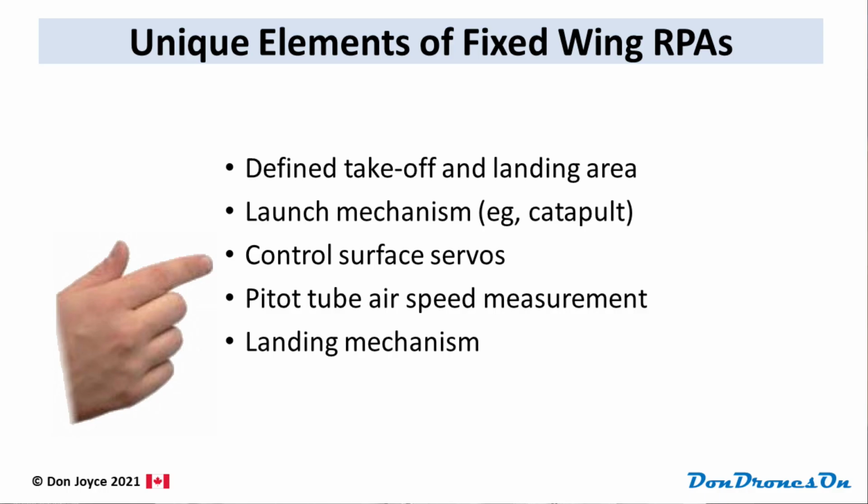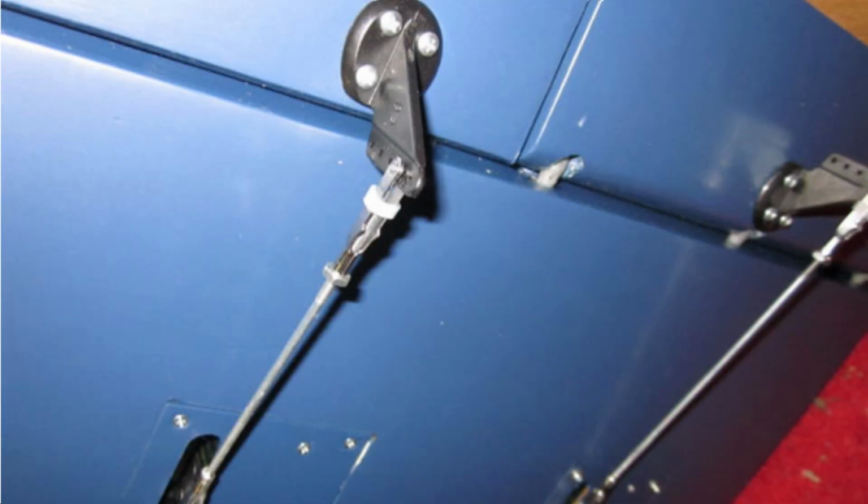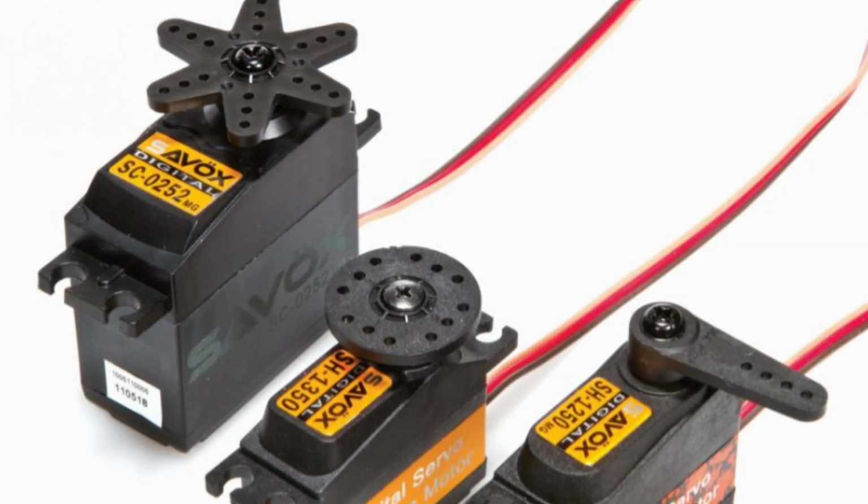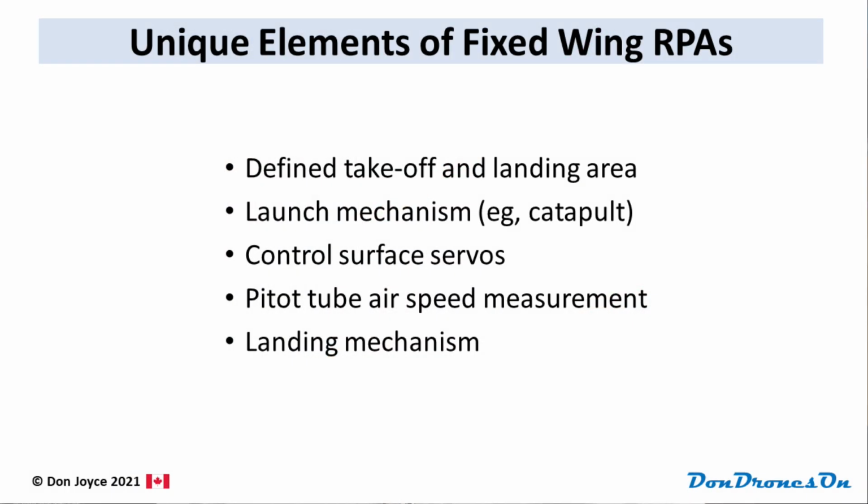Once in the air, fixed-wing RPAs need a mechanism to manipulate the control surfaces, such as the rudder, ailerons, and elevators. These are typically controlled remotely using a device called a servo. Since servos are electromechanical, each should be carefully exercised before every flight to ensure they haven't failed or are about to fail, such as making weird, unusual noises.